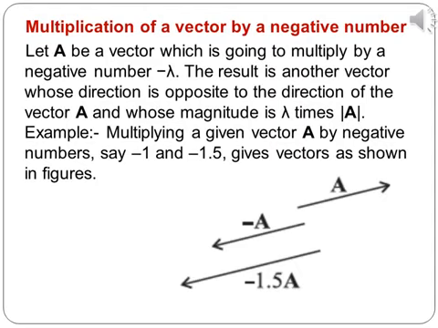The result is another vector whose direction is opposite to the direction of vector A and whose magnitude is lambda times the magnitude of the vector A. For example, multiplying a given vector A by negative numbers, say minus 1 and minus 1.5, gives vectors as shown in the given figures. From this figure, you can see that the resultant vectors are in opposite directions to the direction of the vector A.